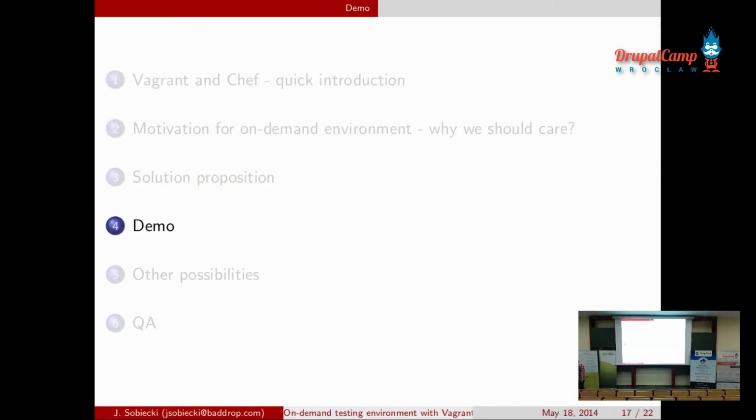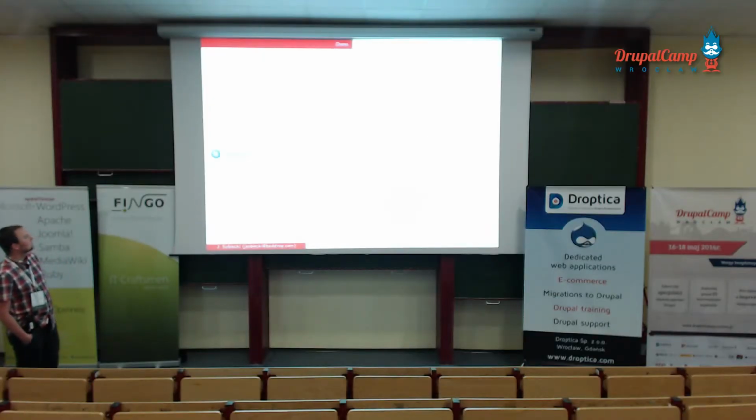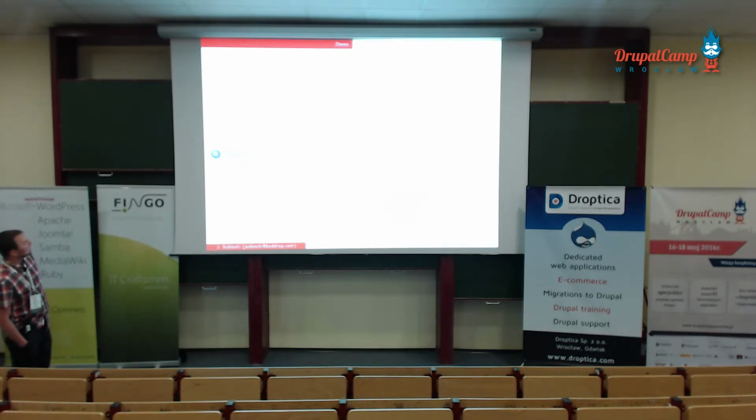So okay, let's make a simple demo. I will show a little bit of code, how it was done, and hopefully after that I will execute such tests, and we'll see how it works.